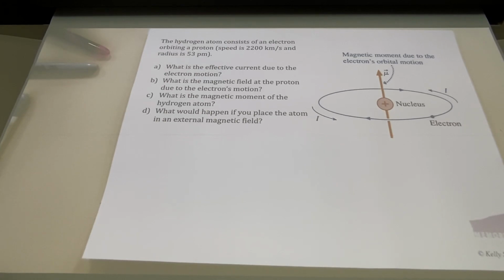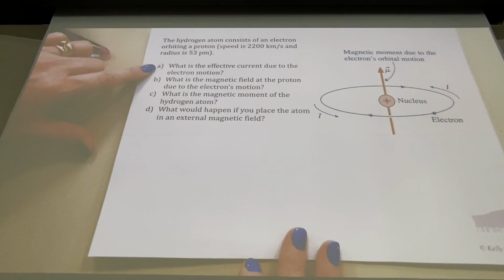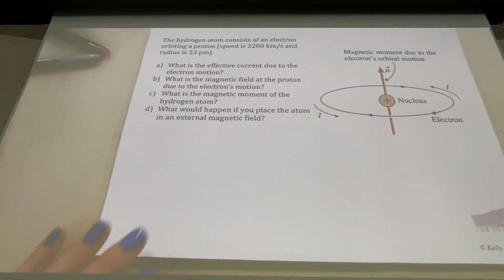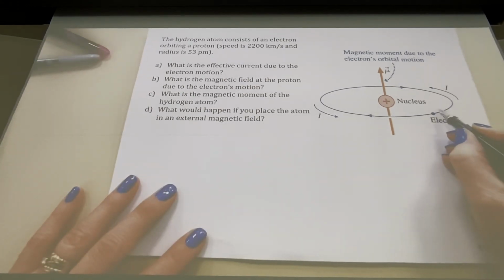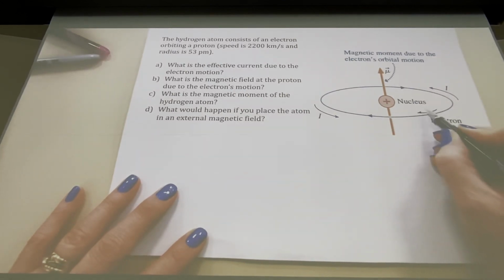So moving charge is current. Atoms effectively can be thought of as having current because they have moving charges along a well-defined path. So that's part A. What is the effective current due to the electron motion? We're going to say that the electron is moving around according to these arrows. So here's the velocity of our electron.